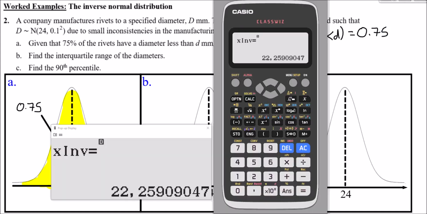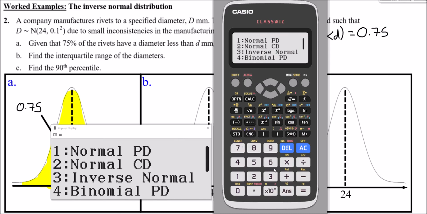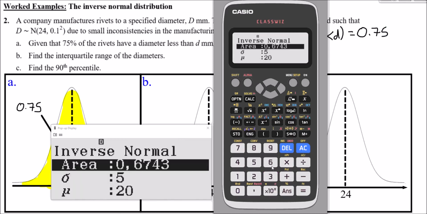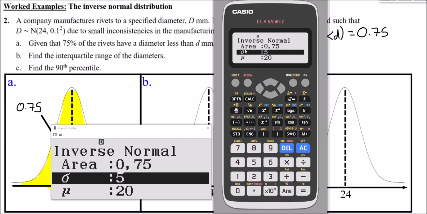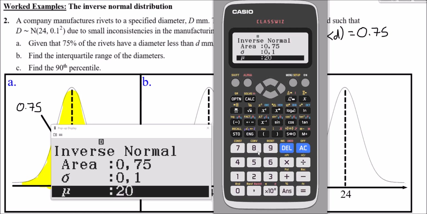So we go menu, option 7, option 3. We want the area here to be 0.75. This time the standard deviation is 0.1, so type 0.1 then equals, and the mean here is 24.